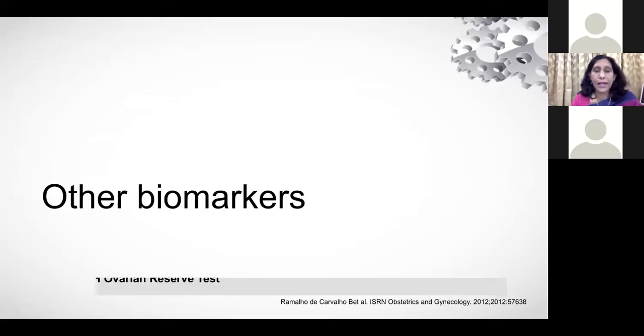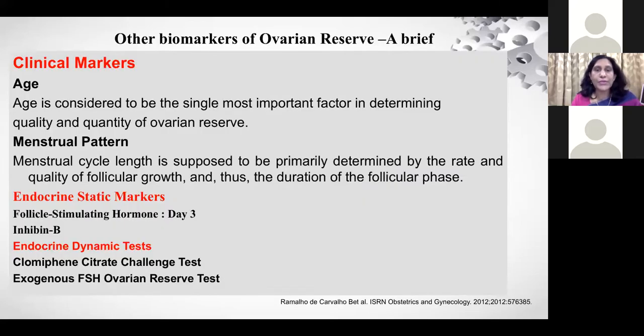There are other biomarkers also which can be used for ovarian reserve. There are some factors in the history, like age. Age is considered to be the single most important factor in determining quality and quantity of ovarian reserve. Menstrual pattern: the cycle length is supposed to be primarily determined by the rate and the quality of follicular growth and thus the duration of the follicular phase.